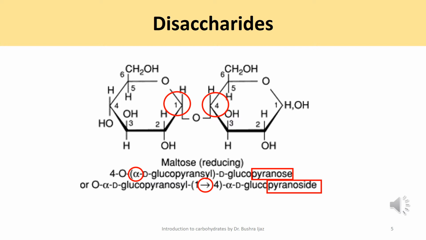Predominantly, we are generally going to use this version of nomenclature for formally naming all those compounds, giving the configuration of the anomeric carbon, and naming the carbons joined by the glycosidic bond.